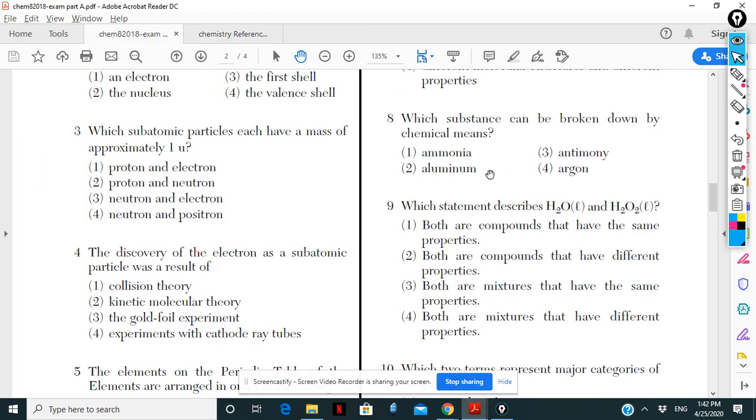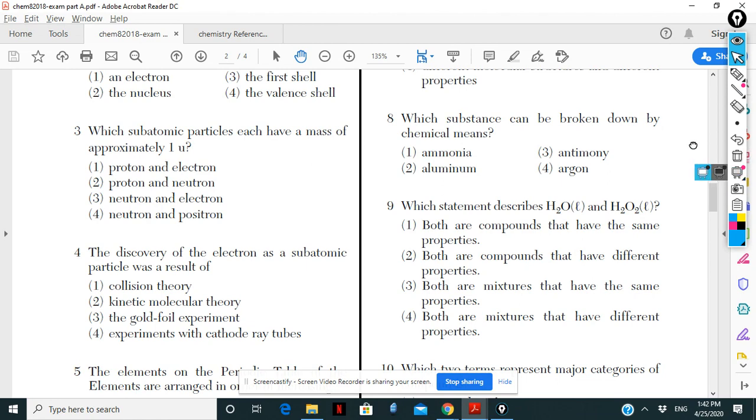Antimony is an element, argon is an element, ammonia is the only one that is a compound, NH3. So ammonia is the material that's going to be broken down because it has two different elements.